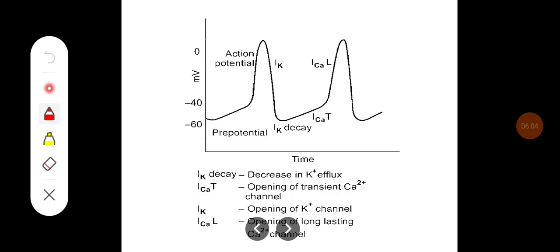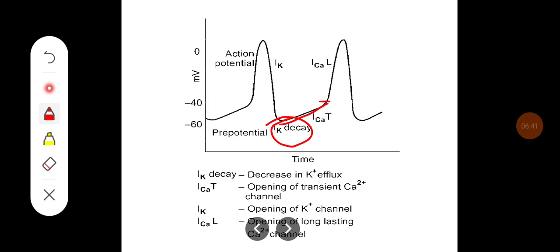This diagram shows the slow response type of action potential in the AV node or SA node. So the initial phase is not rapid but very slow, which is called the pre-potential, till it reaches the threshold level. The ionic basis for the pre-potential: in the initial part it is because of the delay in the closure of the potassium channels.